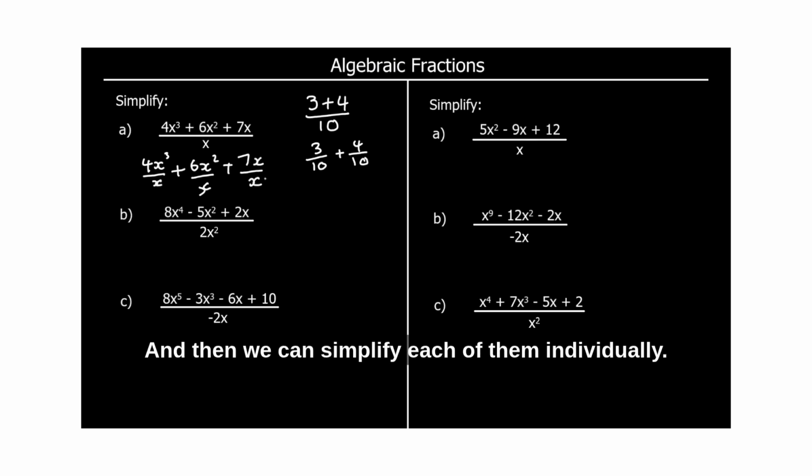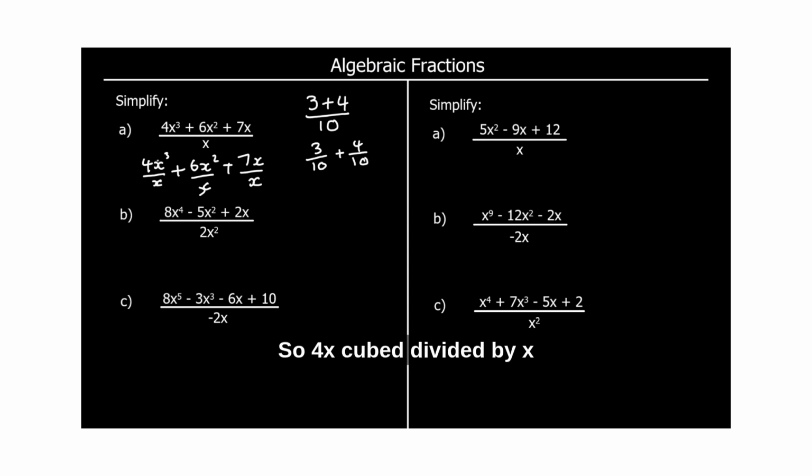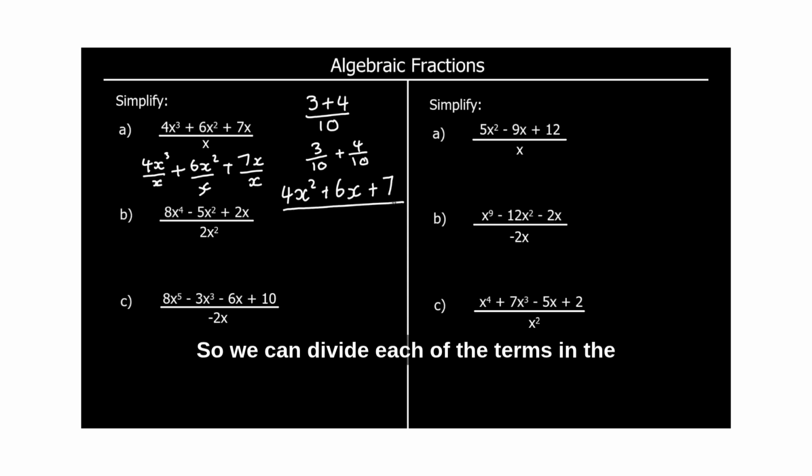And then we can simplify each of them individually. So 4x cubed divided by x is 4x squared. 6x squared divided by x is 6x. And 7x divided by x is 7. So we can divide each of the terms in the numerator individually by the denominator.